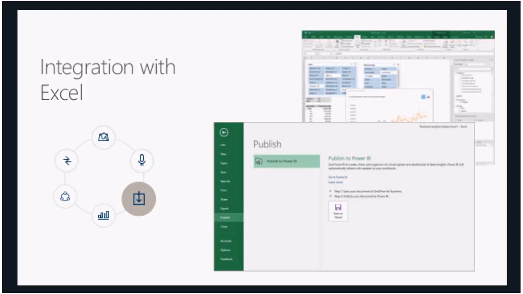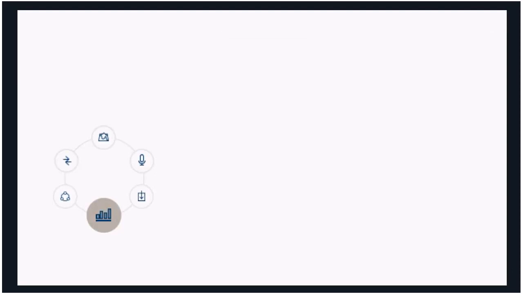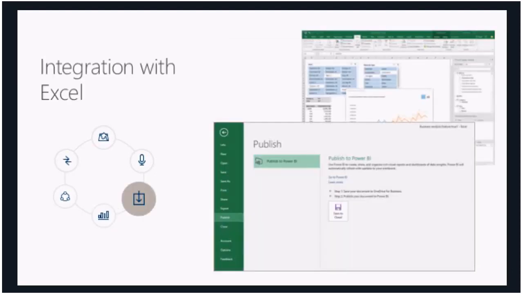So the integration with Excel goes beyond just publishing to Excel. Number one is you can share your Excel sheets and your Excel reports inside Power BI, as you can see from the publish to Power BI. A lot of our customers invested years and years building pivot tables and Power Pivot models in Excel.